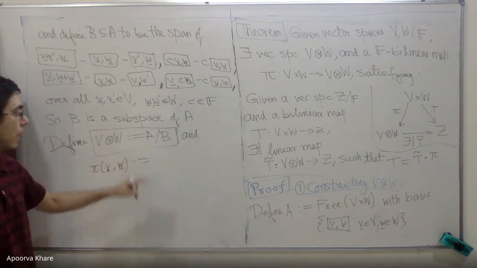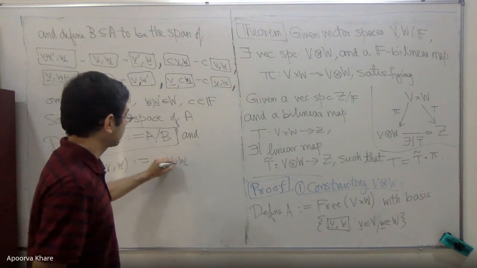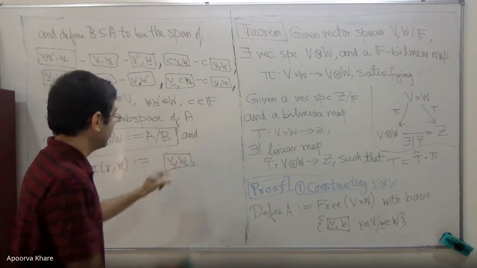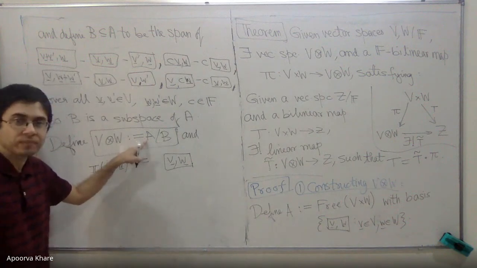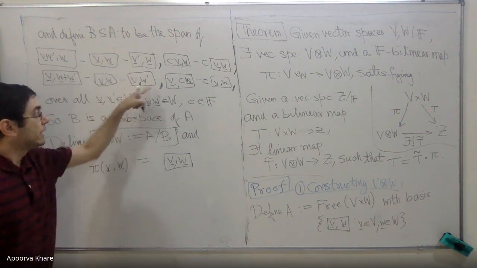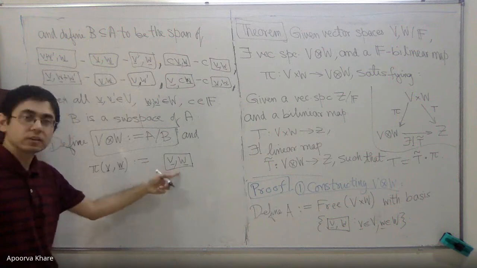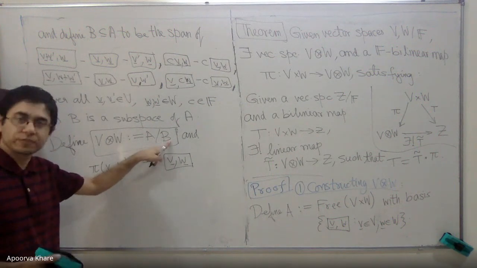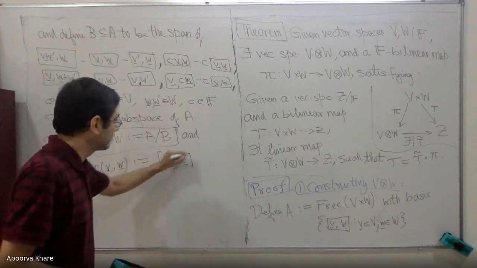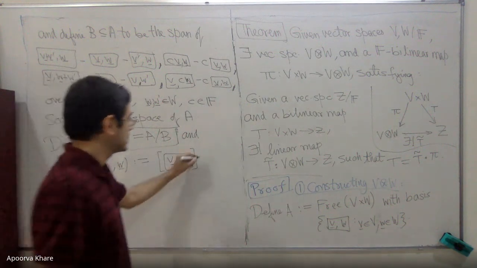Well, I'm going to say it is equal to v tensor w, of course, except for the fact that this element does not sit inside the quotient space. This sits inside A. What is A over B? It is a set of equivalence classes of elements of A under some relation, where two elements are equivalent if the difference lies in B. So I just say it is the equivalence class of this. This is in A over B.